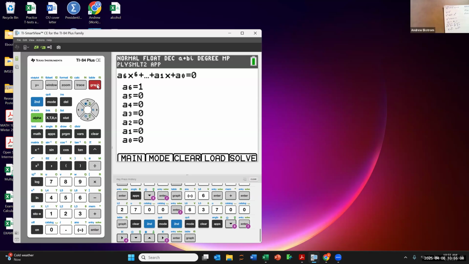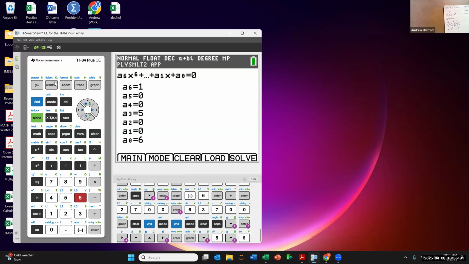And in this case, a to the 6, what's the coefficient? It's 1. a to the 5th is 0, a to the 4th is 0, a to the 3rd is 5, a to the 2nd and a to the 1st are 0, a to the 0 is 6.